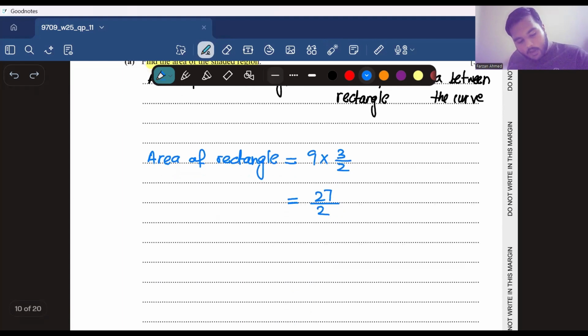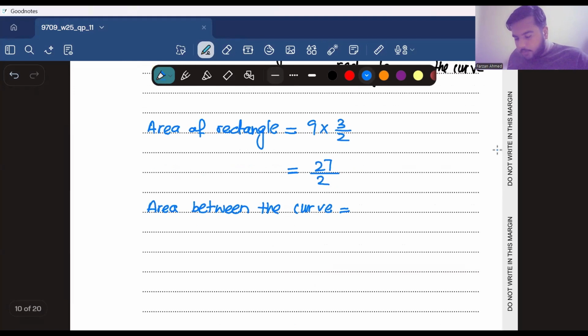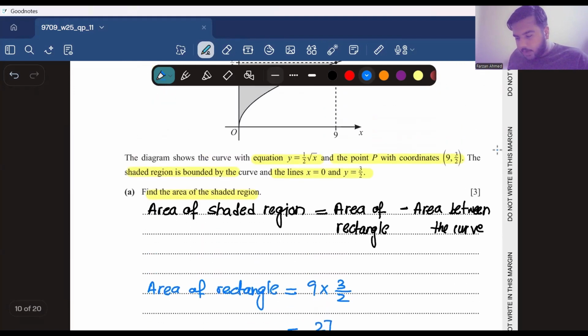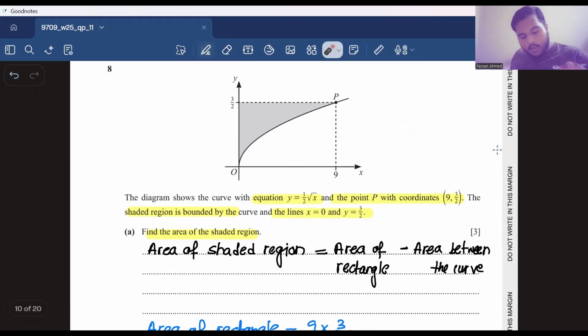Now we have to find the area between the curve. To find this, we have to know the limits. Here the x value is 0 and here the x value is 9.